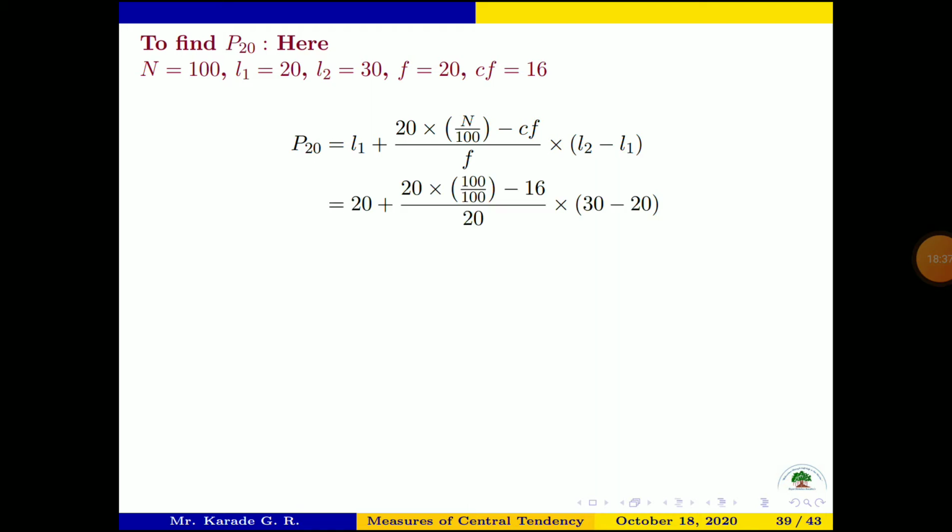Okay, so put the values. L1 is equal to 20 plus 20 into 100 upon 100 minus 60 divided by 20 into 30 minus 20.